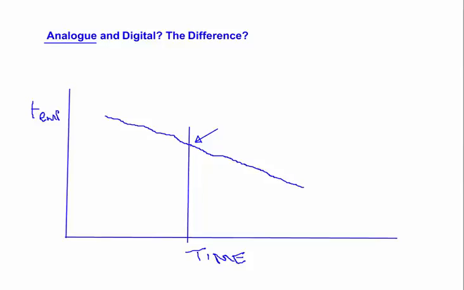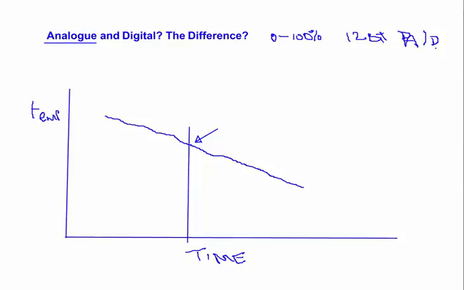Let's suppose that the 0 to 100% range of my measuring instrument has a 12-bit A to D converter on it.